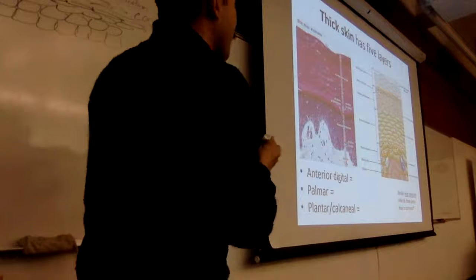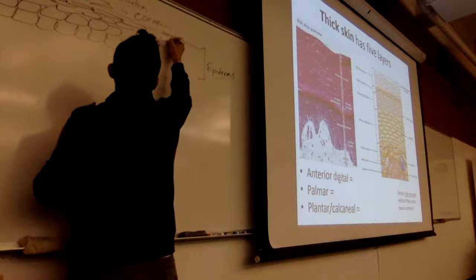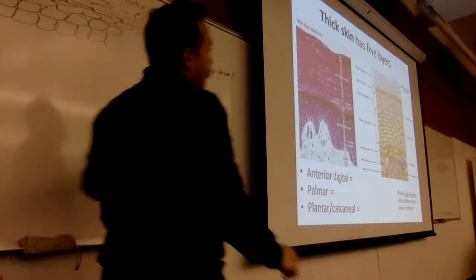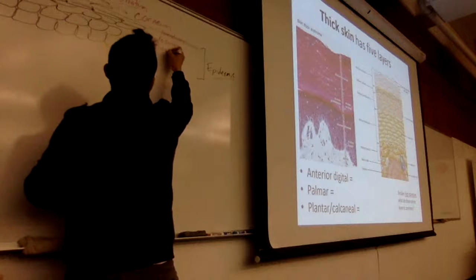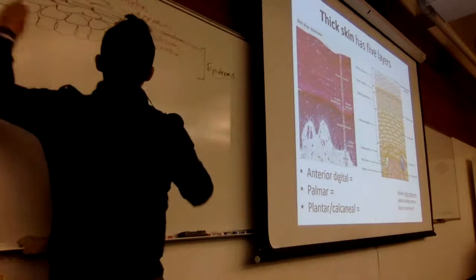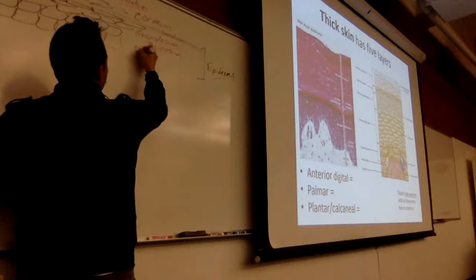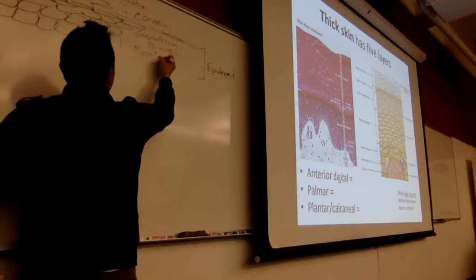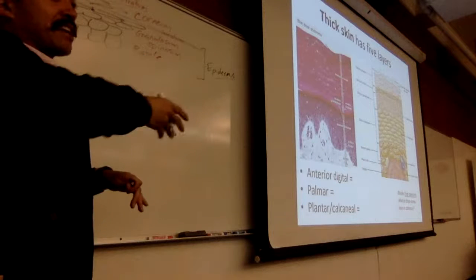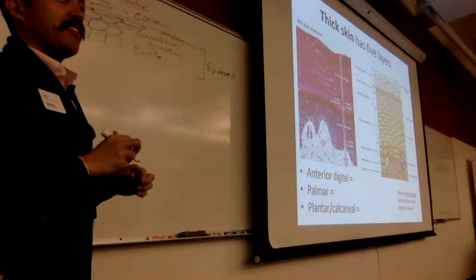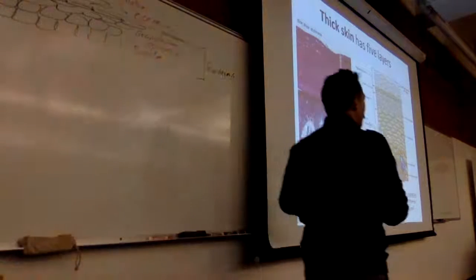The next layer after that is granulosum. Next layer after that is spinosum. And the very base layer is called basale. Stratum corneum, stratum lucidum, stratum granulosum, stratum spinosum, stratum basale. 5 layers. We'll get to why they're called this and what they're made of in a second.